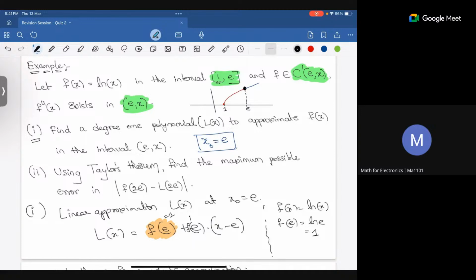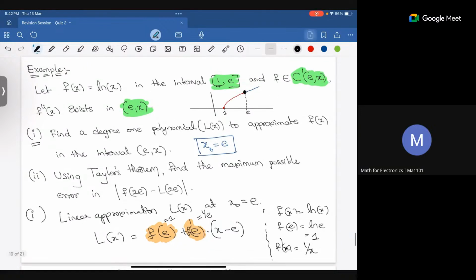For that, we need f prime of x. When I take the derivative of ln x, it is 1 by x. So f prime of e is 1 by e. Even this we got, which is 1 by e.